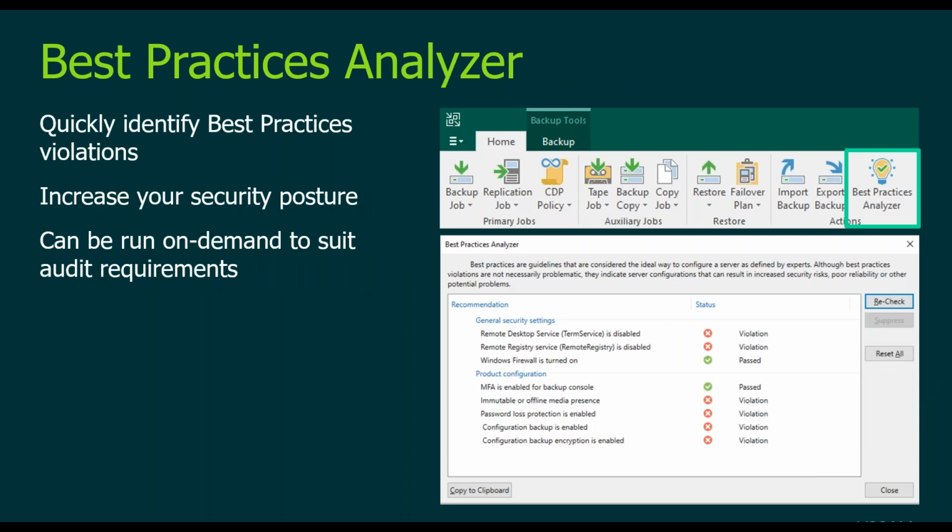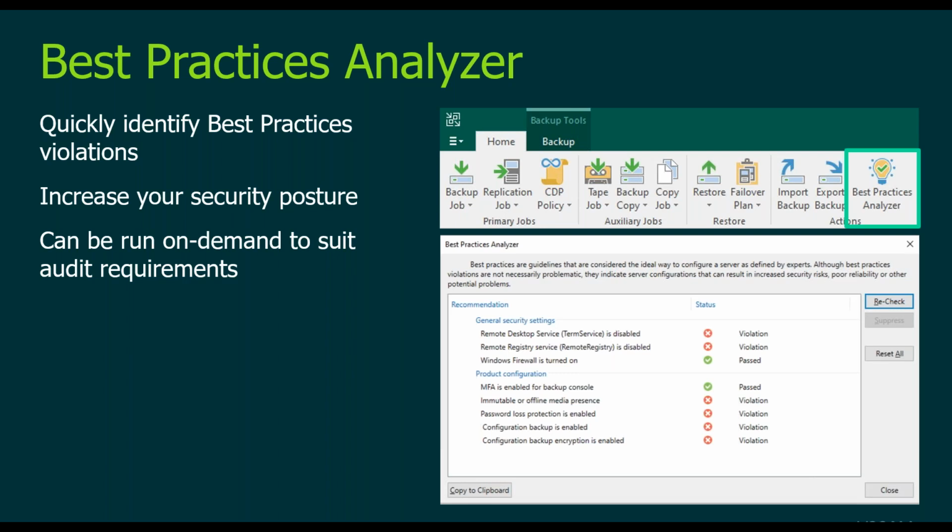To determine whether best practice is being implemented, V12 added the best practice analyzer in the Veeam console. Veeam Backup and Replication now allows you to check your backup server configuration on demand with a built-in tool. This ensures it follows security best practice for the Microsoft Windows Server operating system and Veeam backup infrastructure components.